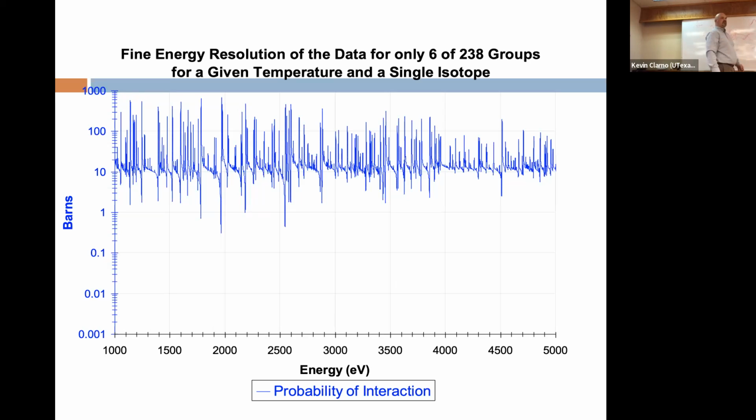Then if I wanted to create some weighted average, I could say a good average would be the integral over some energy range, delta E, of my continuous energy flux times my continuous energy cross section, over that integral dE of my continuous energy flux. And that would give me a weighted average.